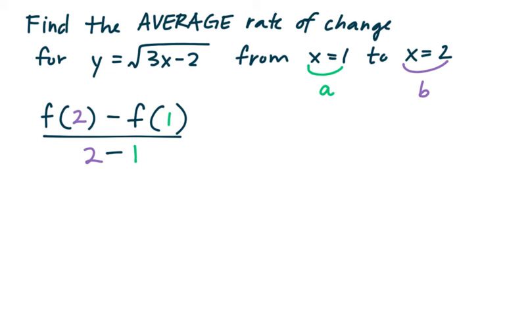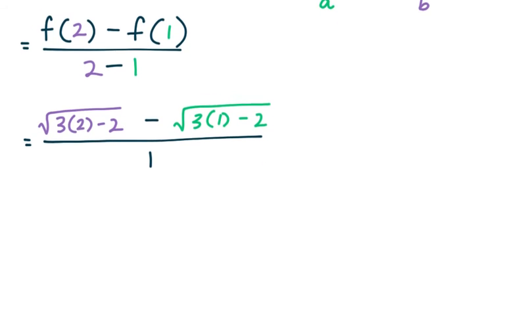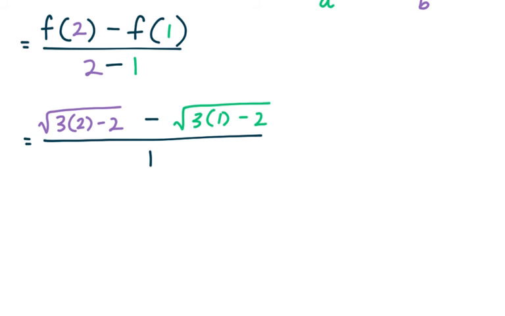So f of 2, I can plug 2 into my function. I've got the square root of 3 times 2 minus 2 minus the square root. I'm going to plug 1 in. 3 times 1 minus 2, all divided by this value I have in the denominator here. 2 minus 1 is 1. So essentially that denominator is going to go away because dividing by 1 doesn't change anything.